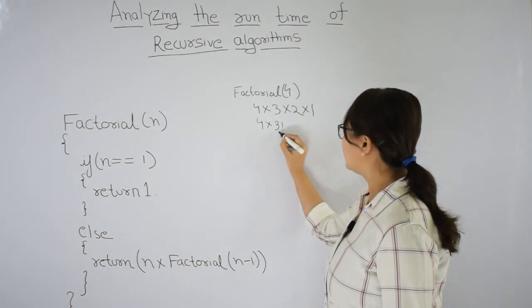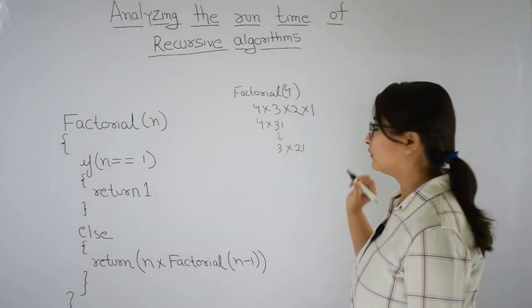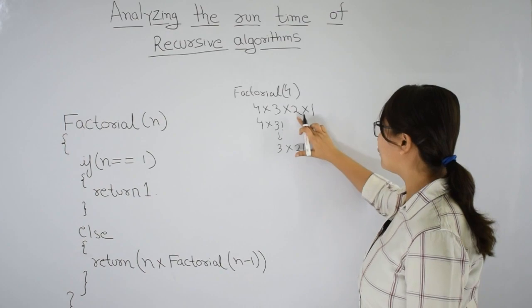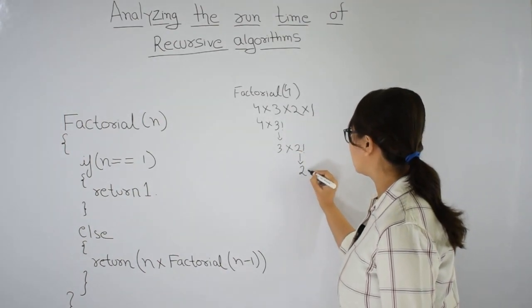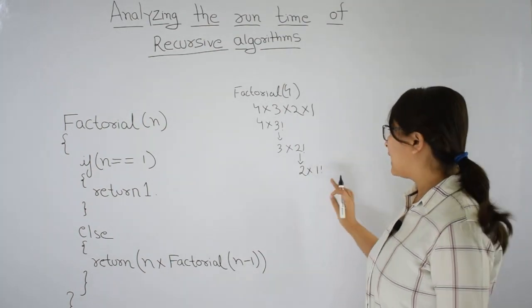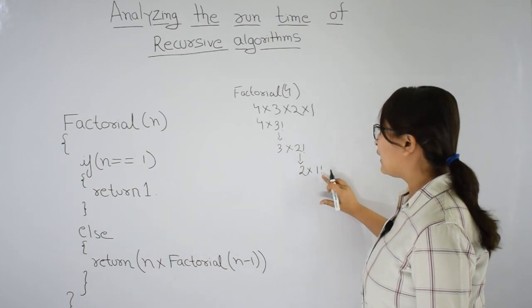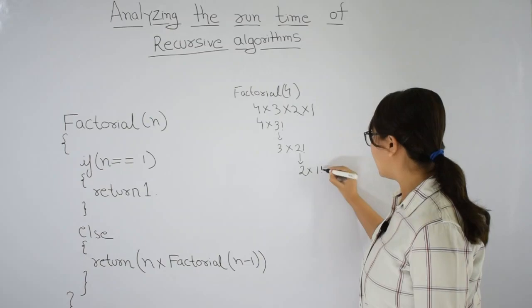Factorial of 3 you could write as 3 into factorial of 2, because factorial of 2 is 2 into 1. Factorial of 2 you can write as 2 into factorial of 1. Now, factorial of 1 is 1.